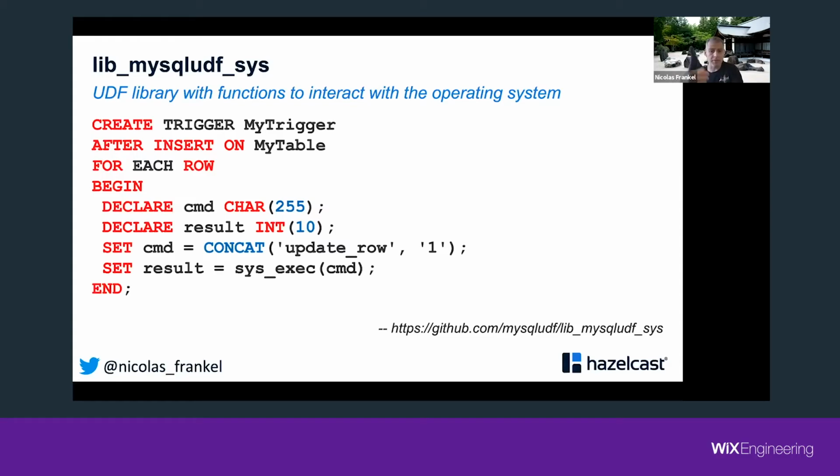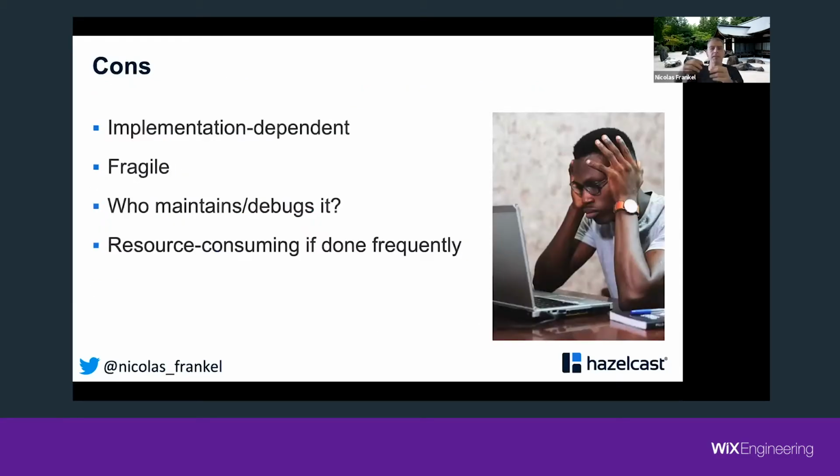To be honest, I didn't try it out, but from an architectural point of view, first it's implementation dependent. It's very fragile. At any point in the chain, there can be an issue, and you have no clue how to debug it. And who will be the maintainer of that stuff?